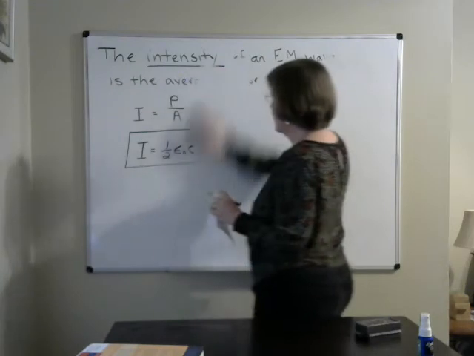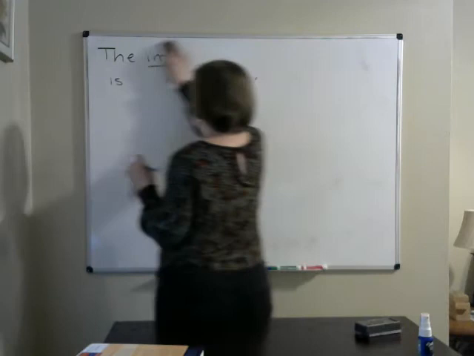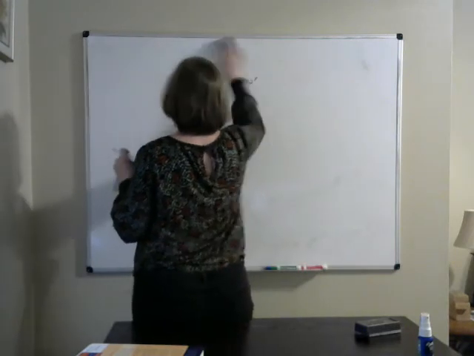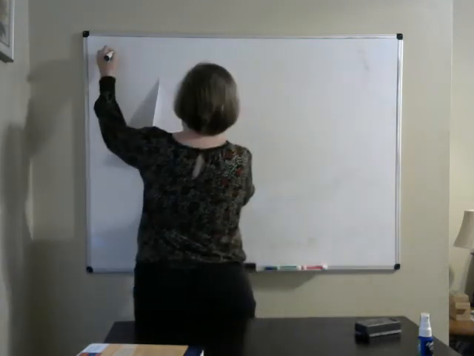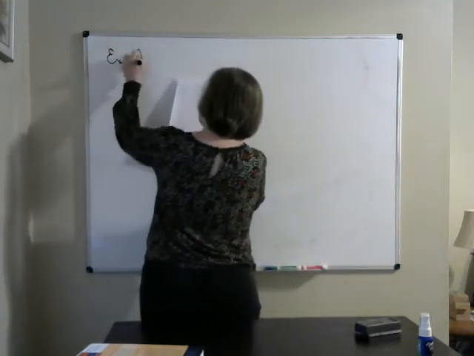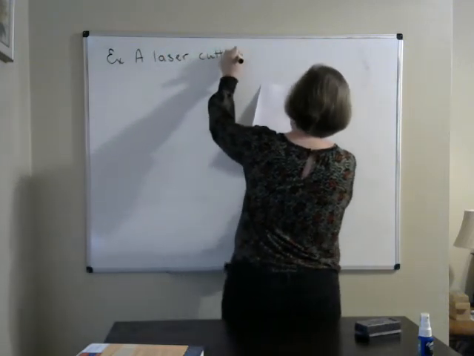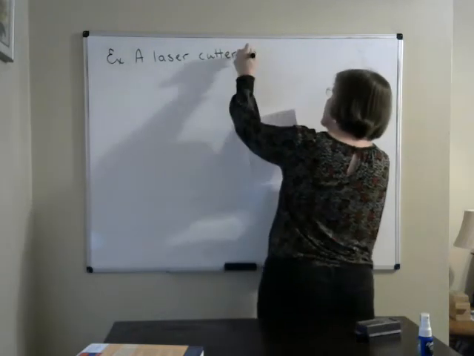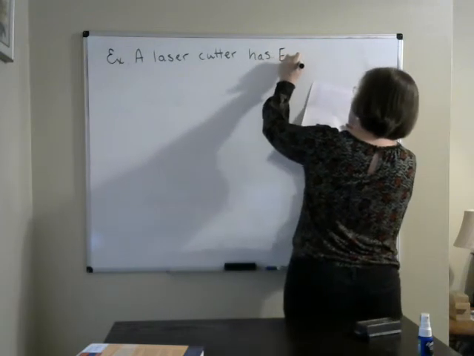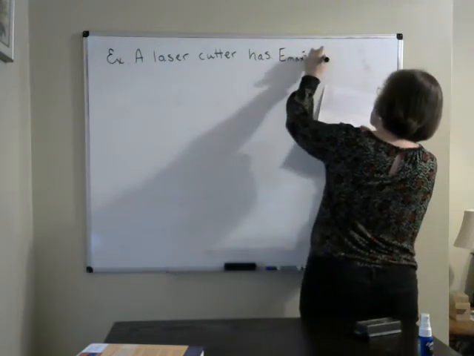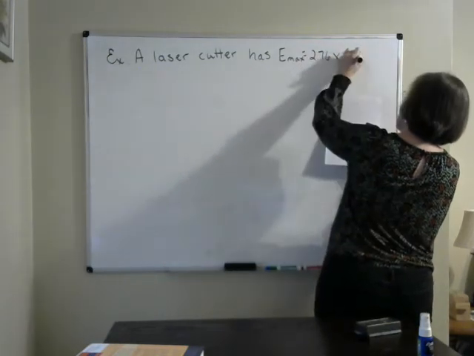All right, let's look at an example. Again, if I go too fast, simply pause the video, take your notes, and then start me talking again. So our example says that we have a laser cutter that has a maximum electric field, E max, of 2.76 times 10 to the 5th volts per meter.